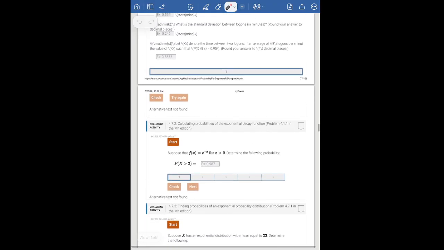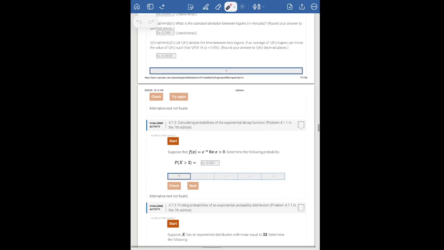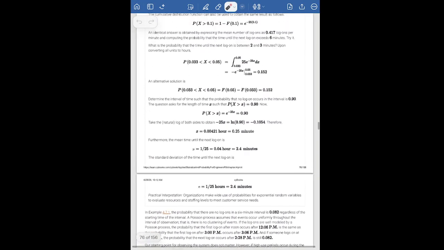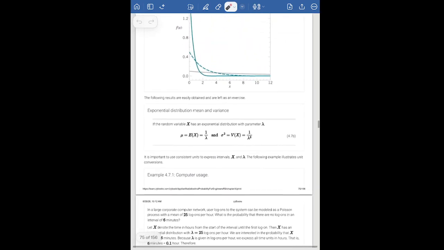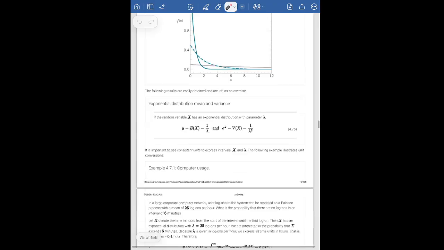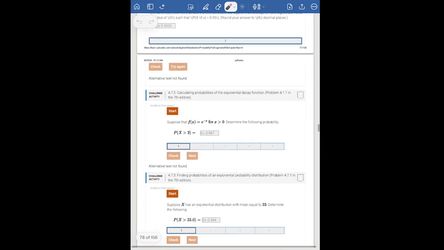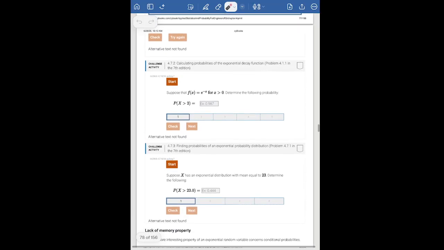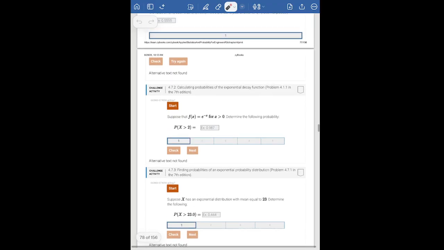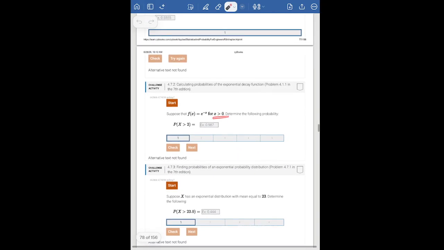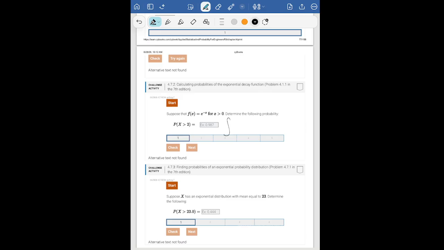And so what one could do, because we are using our information about our exponential distribution, and keep in mind, whenever you want the probability of x being greater than 2, you integrate, and you go, of course, from 0 to infinity, typically.